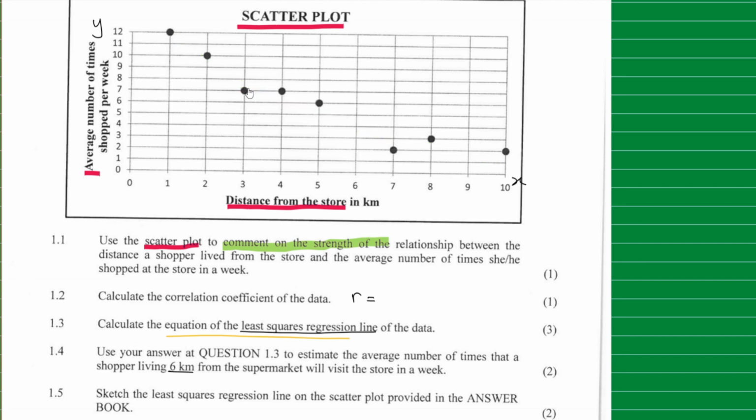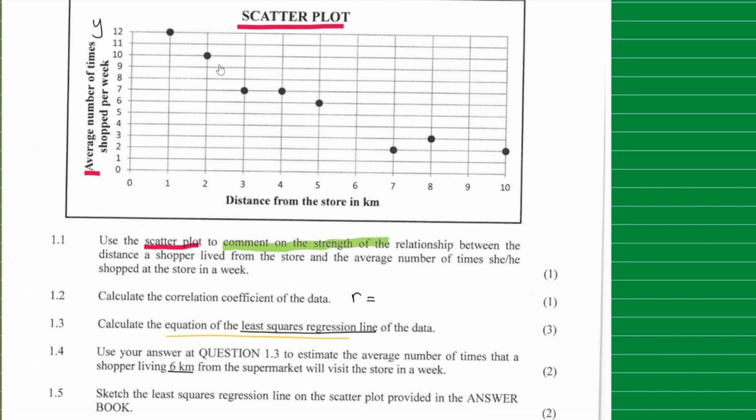So if I were to look at the trend, the pattern of these points here, I can draw a line. Some call it the line of best fit, or it is also called the least squares regression line, or sometimes it is just referred to as the regression line.